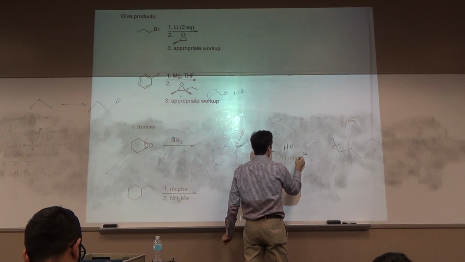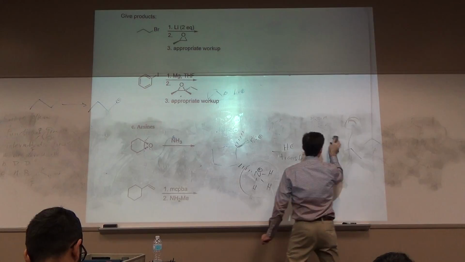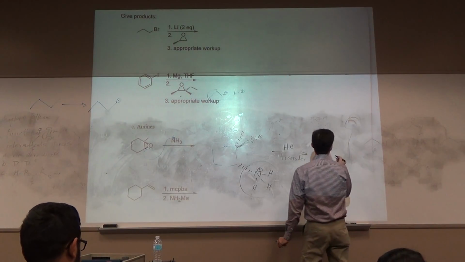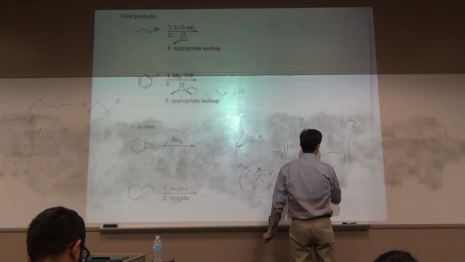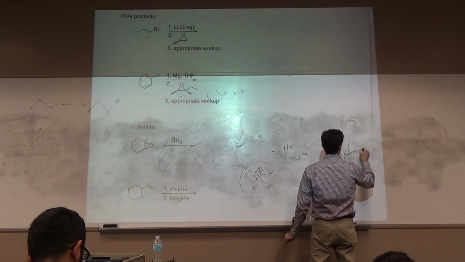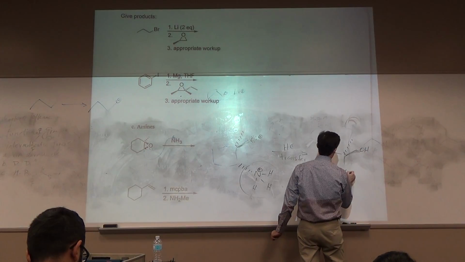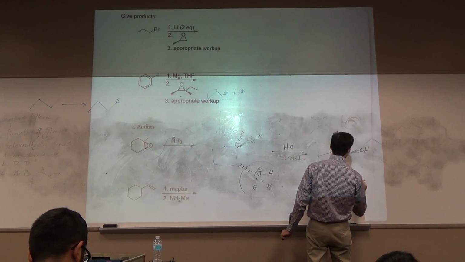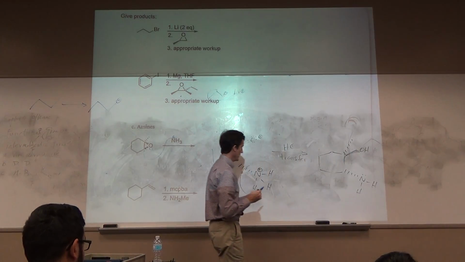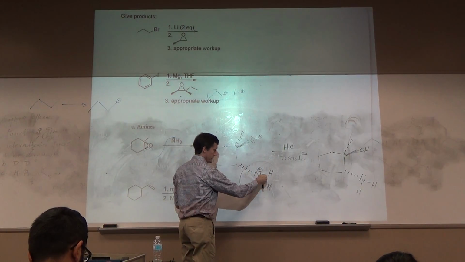Hot potato transfer. Okay? And we're going to get a product that has the OH, and then the nitrogen is just going to have one H, and the lone pair is there. We only transferred the H+. The electron stayed on the nitrogen.